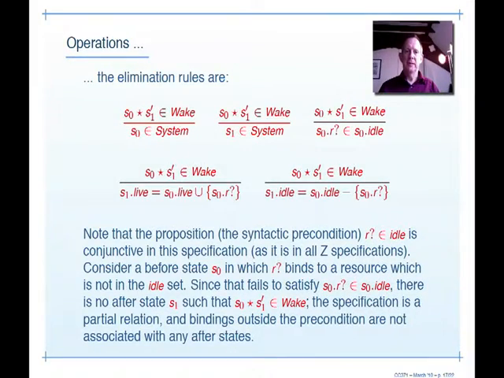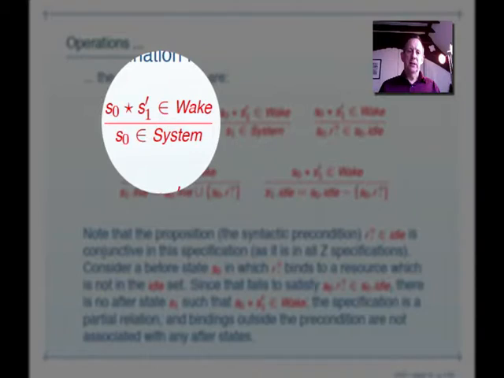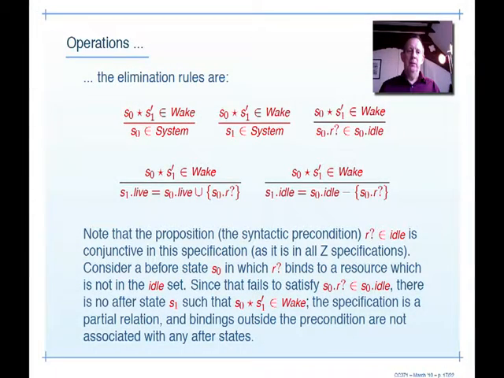Now, you will have seen that there are 5 premises in the introduction rule for the system operation wake. So there are 5 elimination rules here, and they're fairly straightforward. First of all, this one. If you've got a state transition in wake, then the before part is a legitimate system.